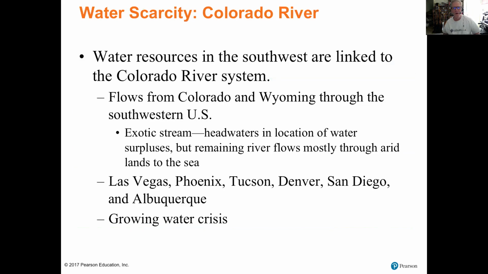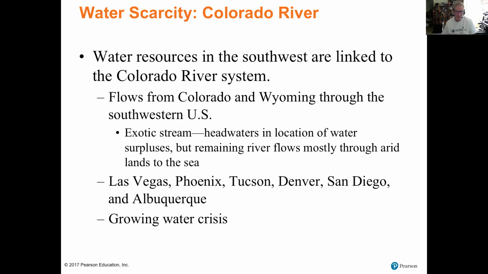Now, for us in the Southwest, most of it's linked to the Colorado River system, which flows from Colorado, Wyoming, through the southwestern U.S. Now, some of it's exotic streams where the headwaters are in location of water surpluses, but mostly the rivers flow through arid lands to the ocean.